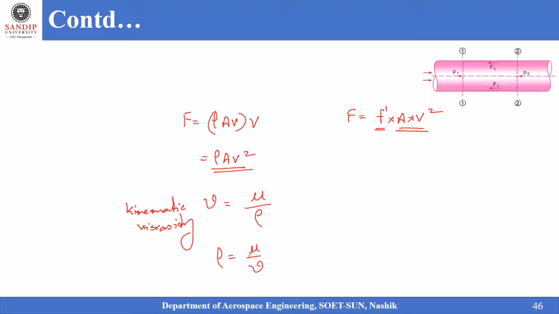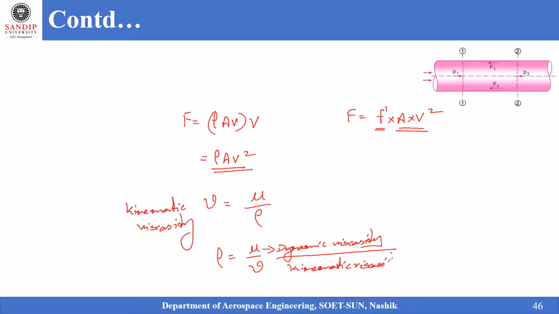Now here, if you see, in the numerator I have dynamic viscosity, and in the denominator I have kinematic viscosity.